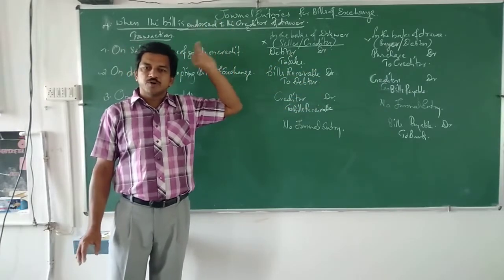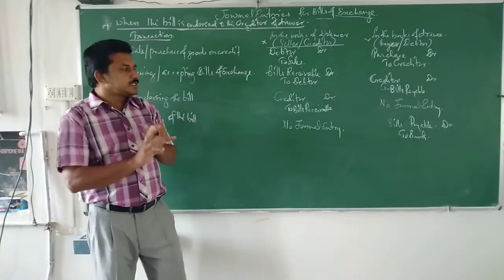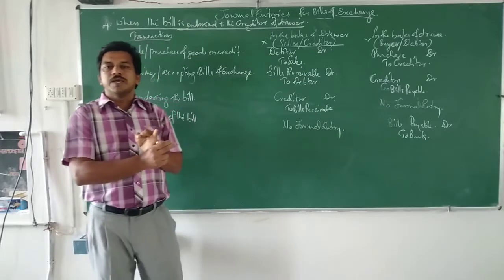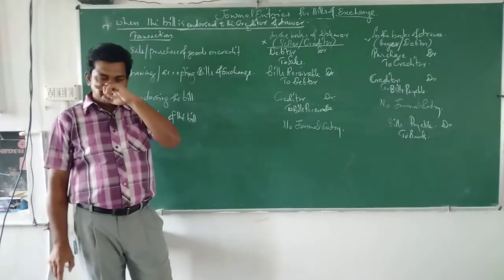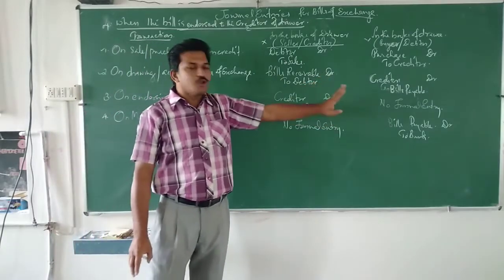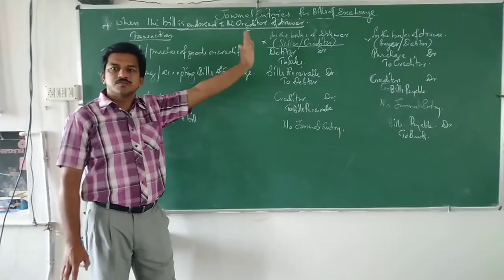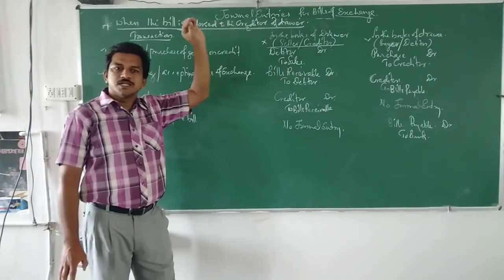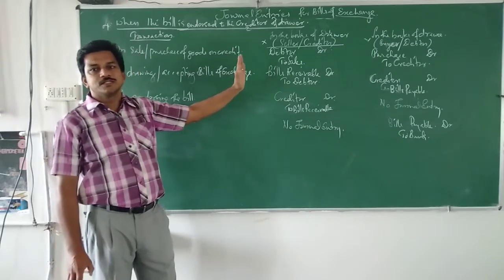That means at the time of purchasing goods on credit, he will make the journal entry, on accepting the bill, he will make the journal entry, and on payment of the bill, he will make the journal entry. So these three journal entries will not change in the books of drawee. It's easy. That means writing journal entries in the books of drawee is comparatively easier than writing journal entries in the books of drawer.